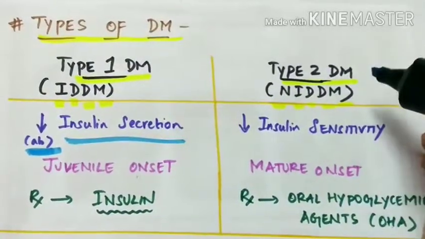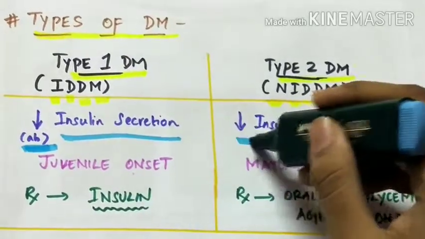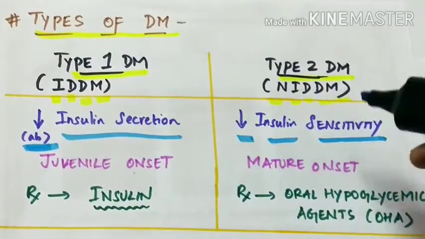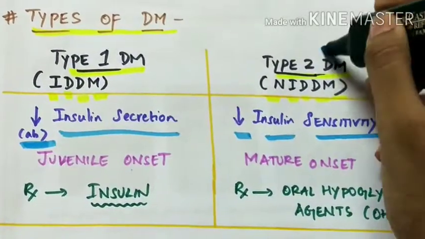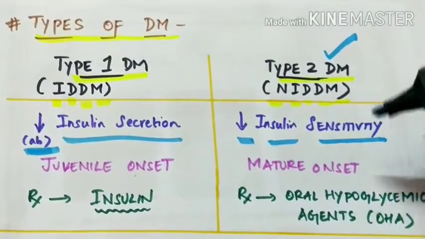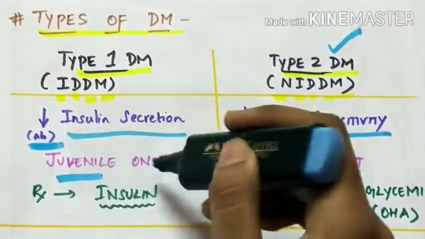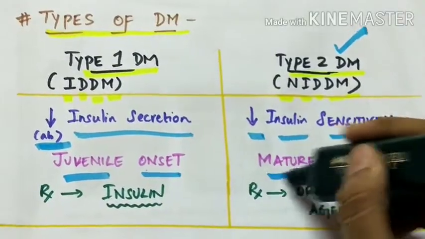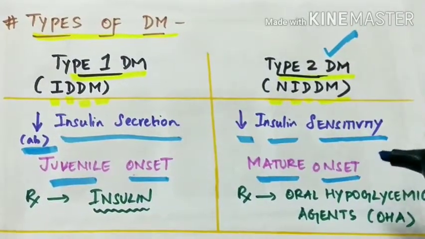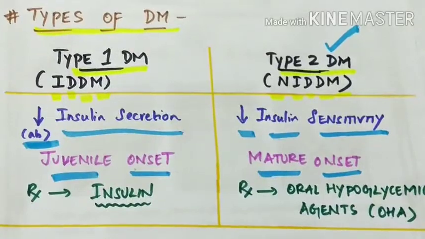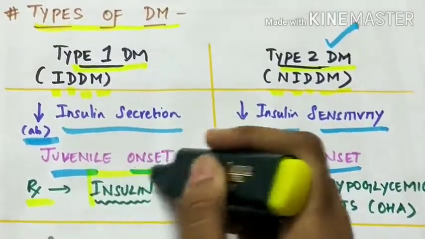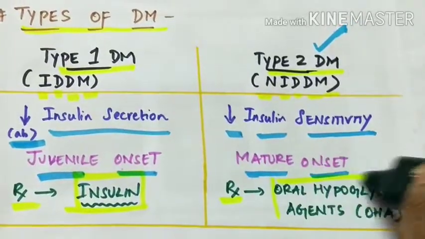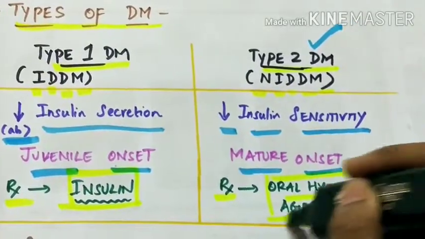In type 2 diabetes mellitus, there is decreased insulin sensitivity and the insulin production is normal here. And this is the most common type of diabetes mellitus seen. Type 1 is juvenile onset, that is it is early onset, and type 2 is mature onset diabetes mellitus. The treatment for type 1 diabetes mellitus is insulin, and the treatment of type 2 is oral hypoglycemic agents.